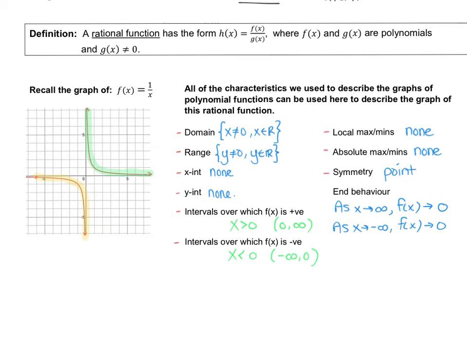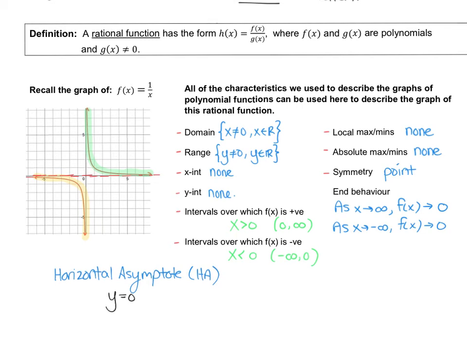Okay, so I do want to add 2 new characteristics that are unique or special for rational functions. And the first one is what we call the horizontal asymptote. And we will call that HA for short. Okay, and hopefully you can see that there's this imaginary line that the function looks like it's approaching in the extremes, and the equation of that line would be y equals 0.